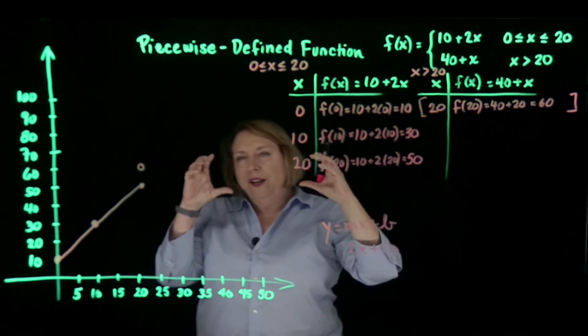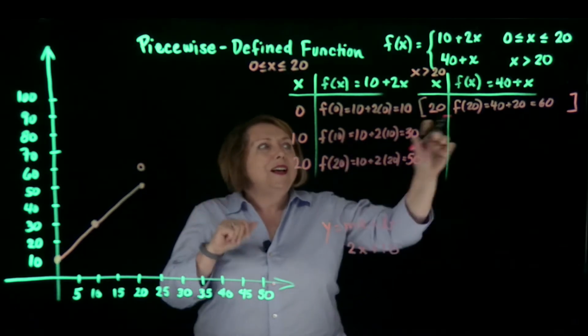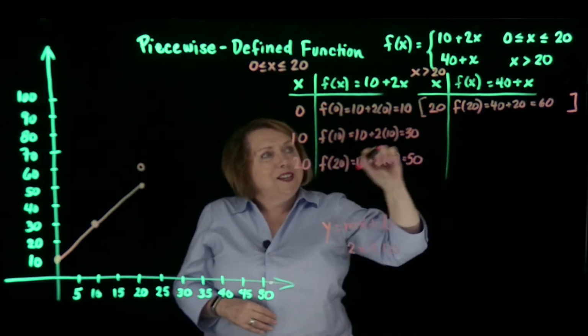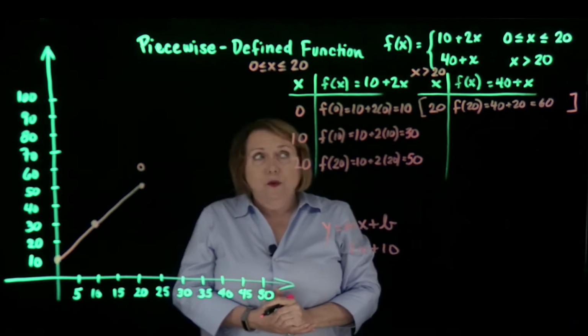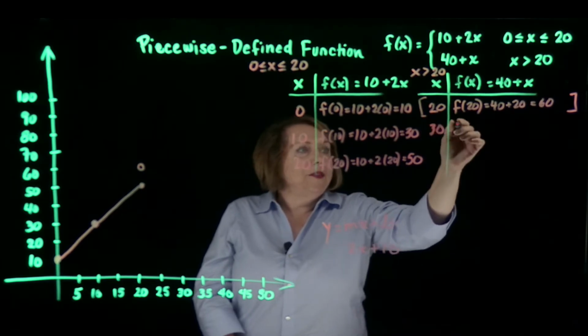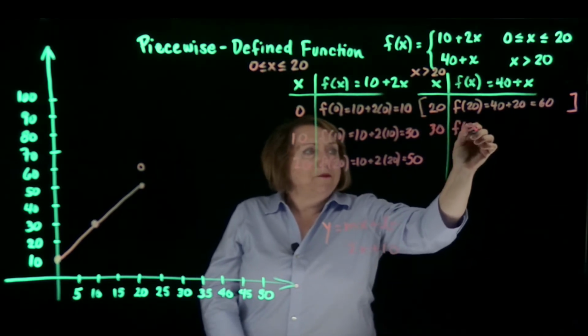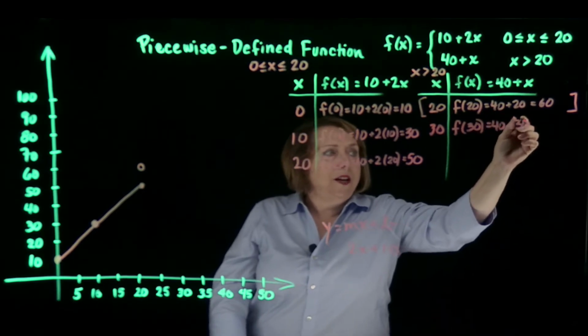That's the reason why I'm putting it in brackets, it's a mental note to myself to be careful that that is not part of the domain, but it gives us a natural starting point. Let me let x be equal to 30. So f of 30 is equal to 40 plus 30, which is 70.